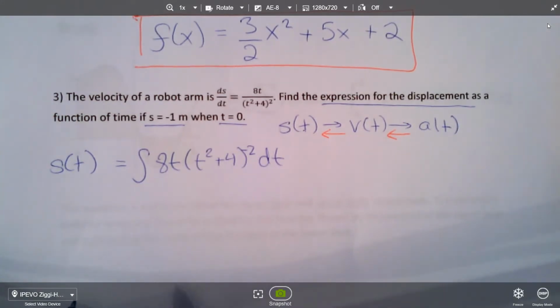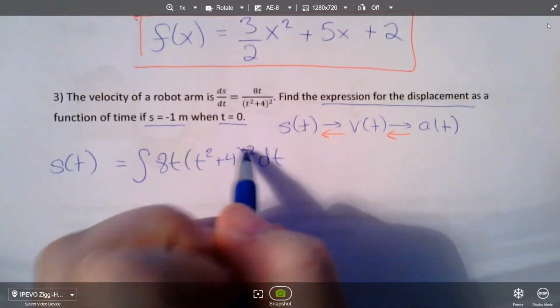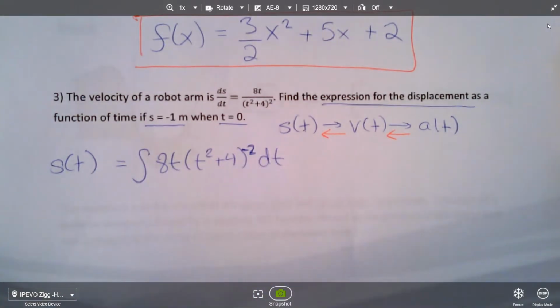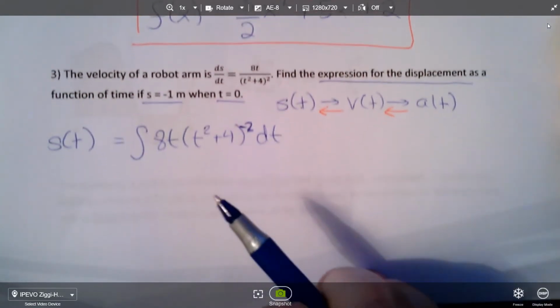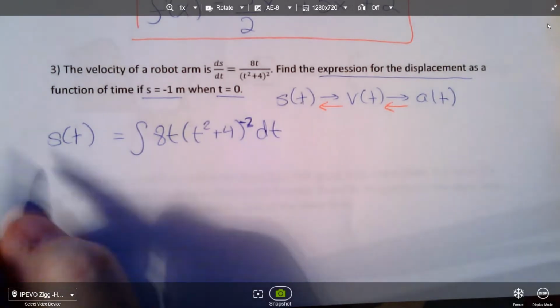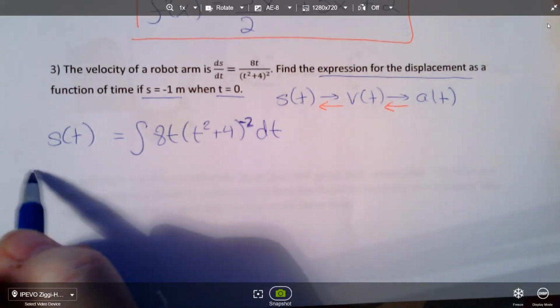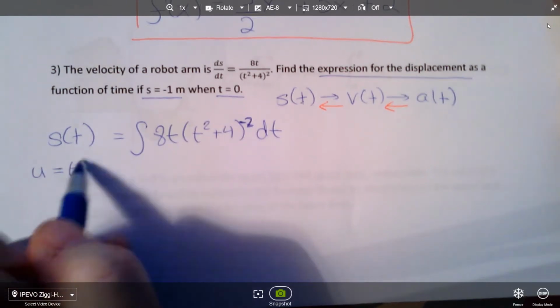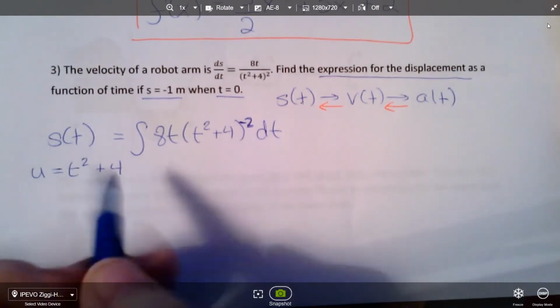All right, so I've got my integral set up. I did quickly move the denominator up and give it a -2 exponent instead of the squared on the bottom. And I'm ready to integrate this. So I am going to have to use substitution. So just quickly below, I'm going to jot down what I would use for substitution. So I've got u equal to t squared plus 4, what's in the middle.